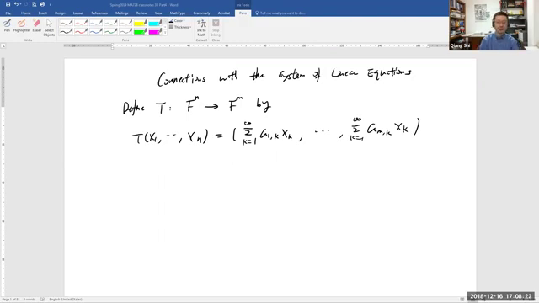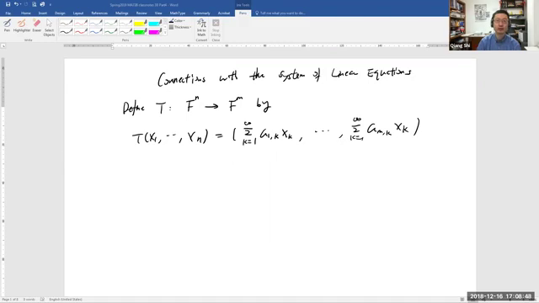The way we define this map is T of (x_1, x_2, ..., x_n). The input is any vector with n coordinates, and the output must be in F^m, so in other words, a vector with m coordinates. That's exactly what's happening here.